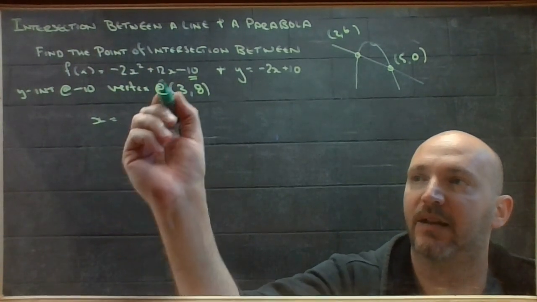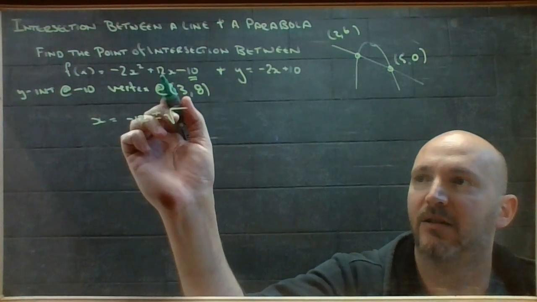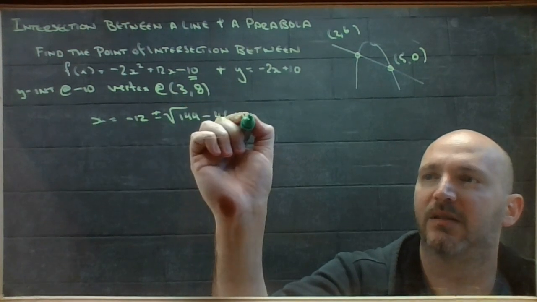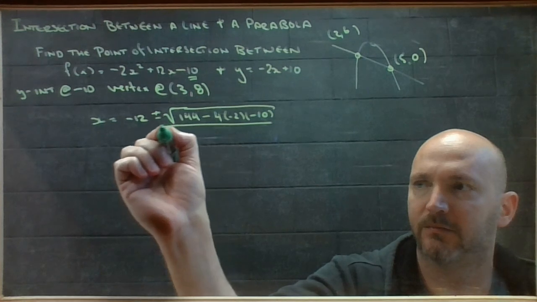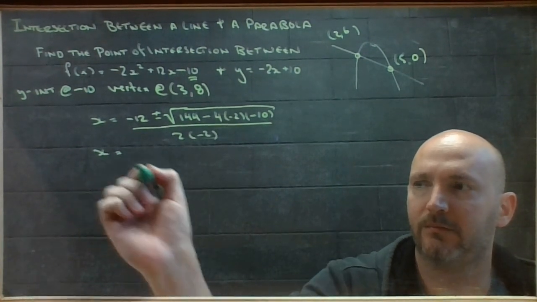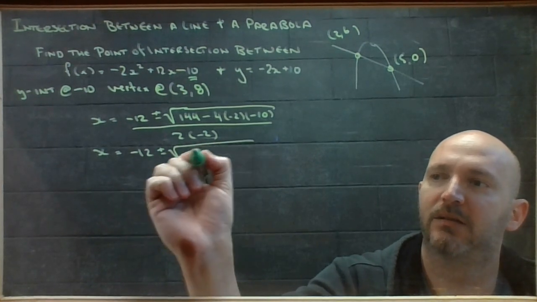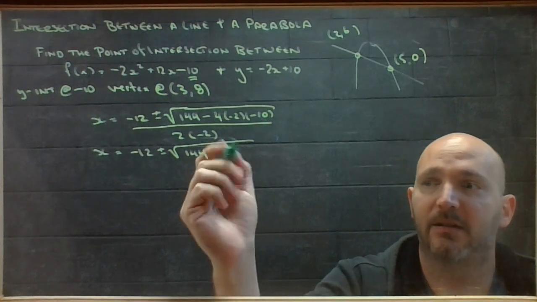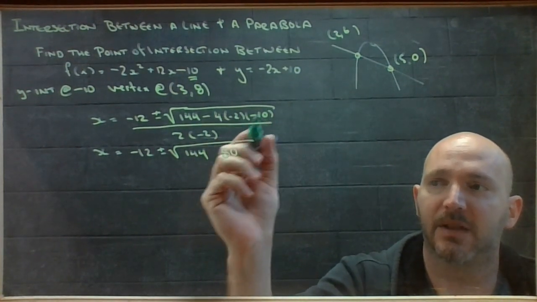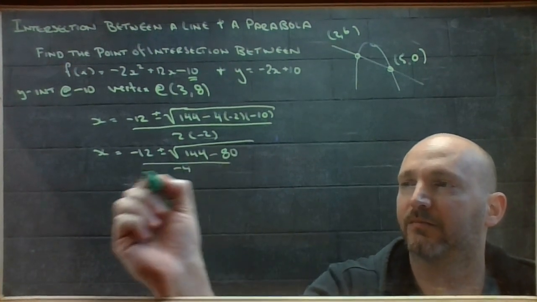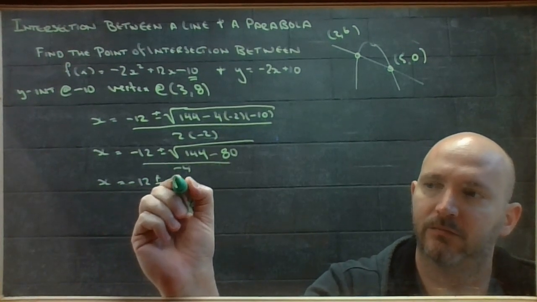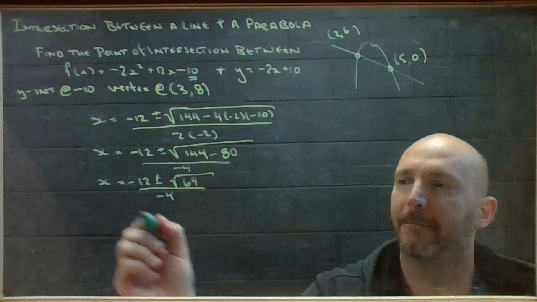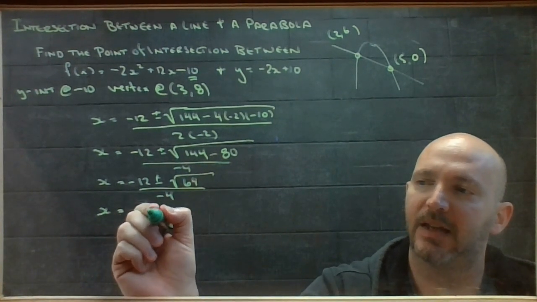So x is negative b, that'd be negative 12, plus or minus the square root of b squared, which is 144, minus 4 times negative 2 times negative 10. 4 times 2 is 8, 8 times 10 is 80, and a negative times a negative times a negative gives you subtract. 144 subtract 80 is 64. Square root of 64 is 8.